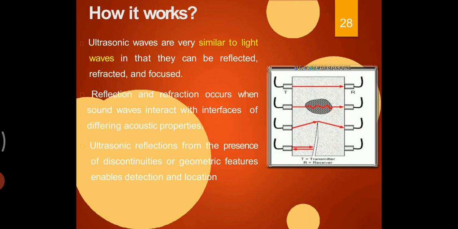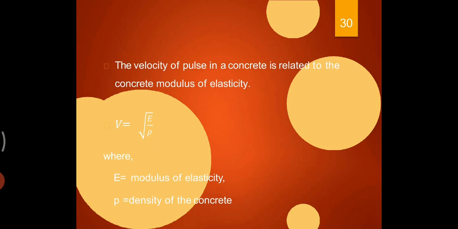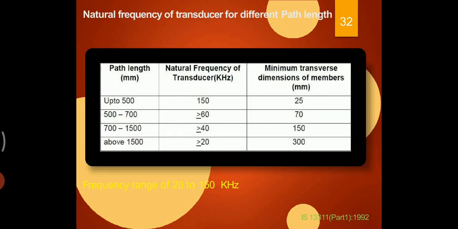Ultrasonic reflection from discontinuities or geometric features enables detection and location. This is the formula to find the ultrasonic pulse velocity in kilometers per second: V is equal to L by T. We know the length of the specimen and the time taken, so we can find the ultrasonic pulse velocity.